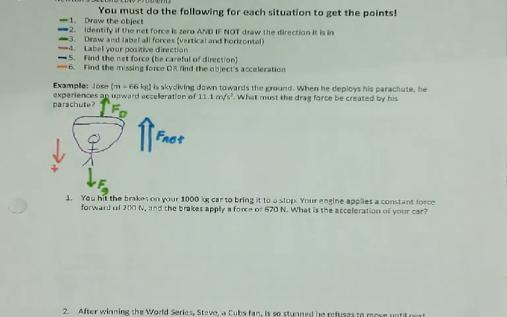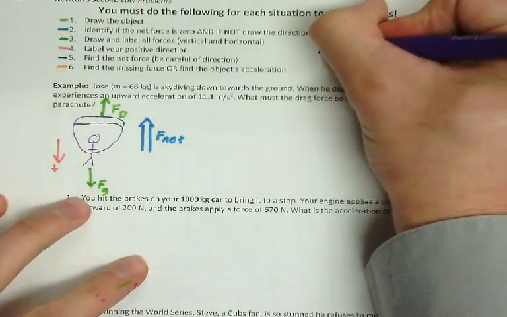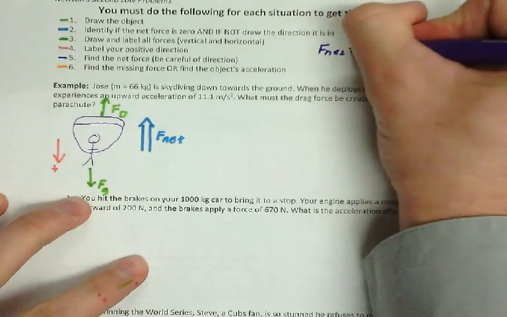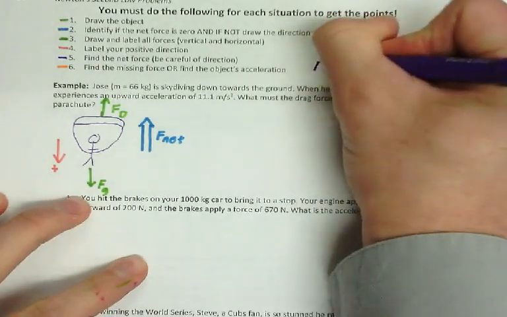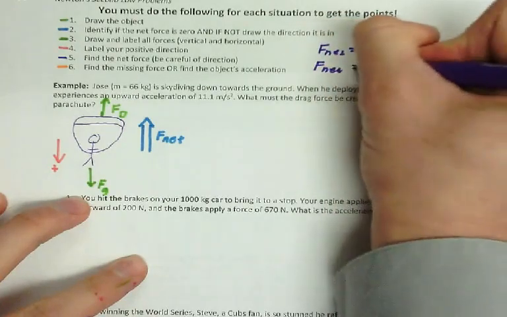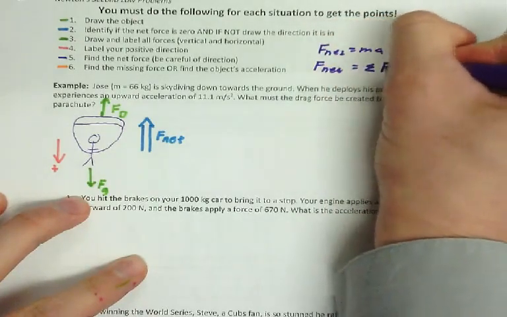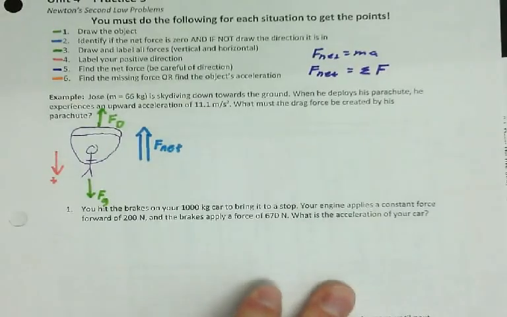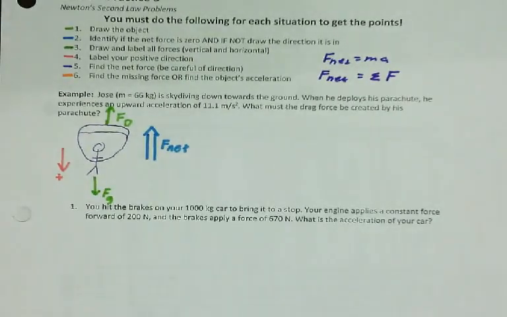Okay. I've done steps 1 through 4. Now I'm ready to find the net force. So how do I find the net force? The way I find the net force is either by doing F net equals ma, or by adding the forces together. So I look at my problem and I say, what is it that I know?